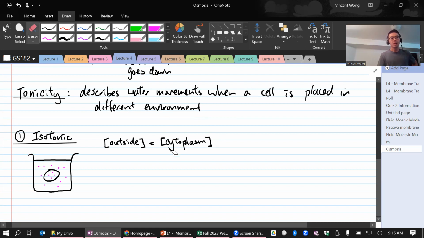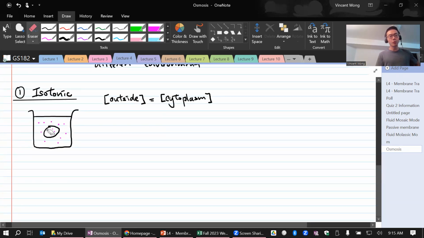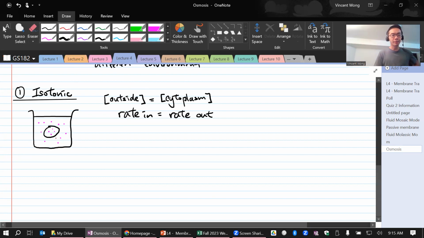So in this case, what's going to happen to the water? Well, if there is no difference in concentration, then rate in equals rate out. The same amount of water coming in as the amount of water that's leaving.